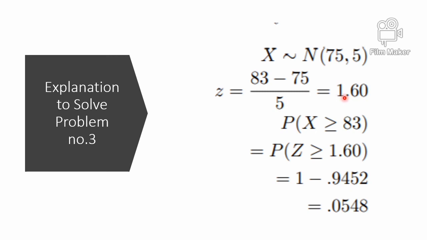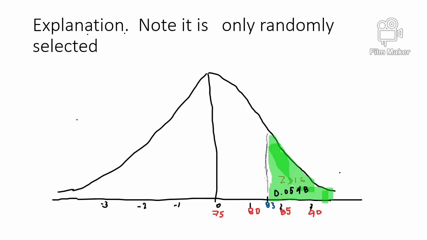We know that the probability of x greater than or equal to 83 is the probability of z greater than or equal to 1.60. And then going to the right, take note, above or equal, 1 minus 0.9452 is equal to 0.0548.